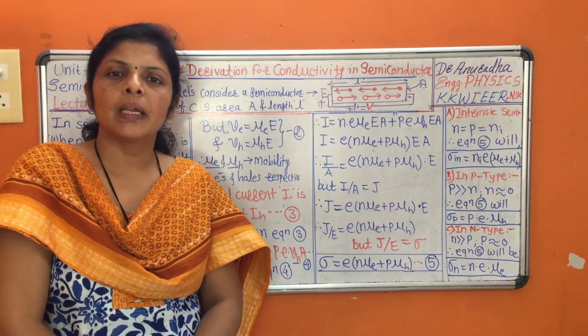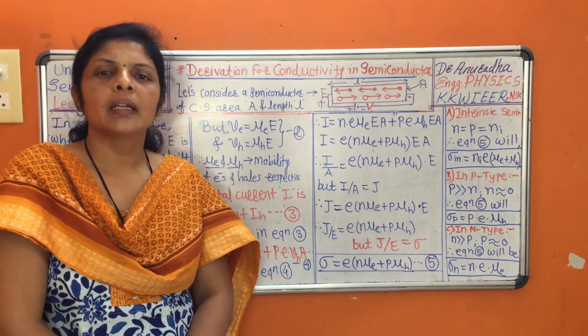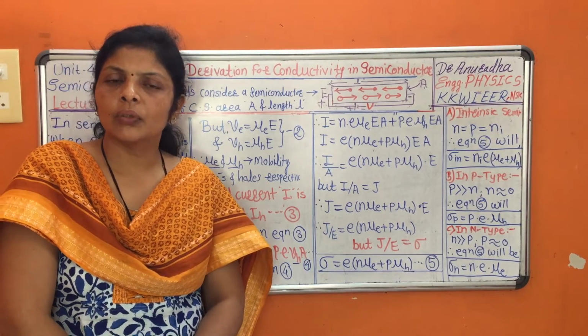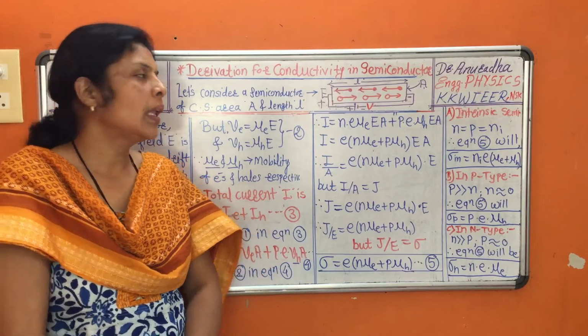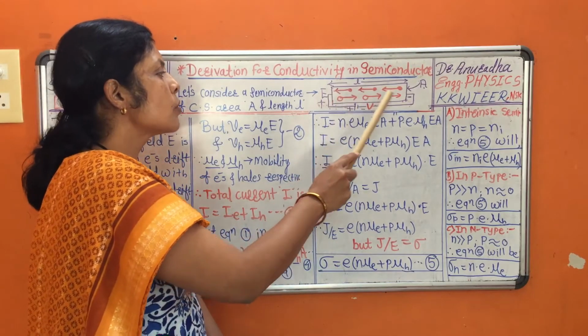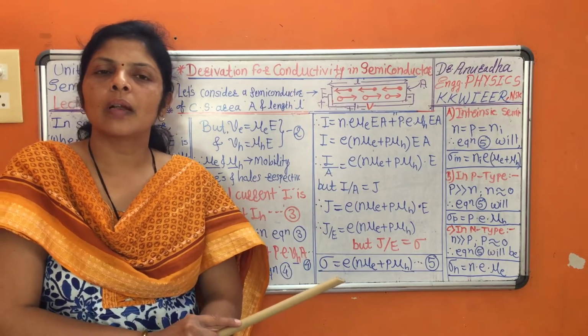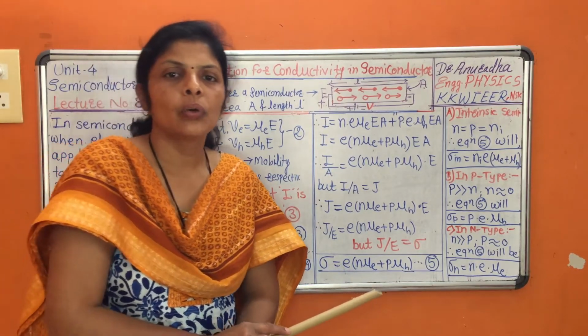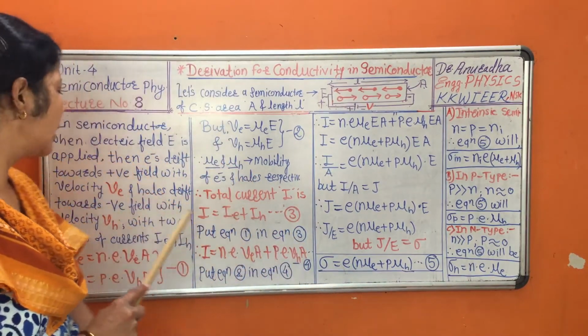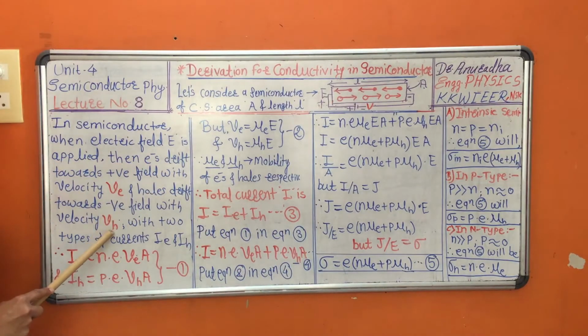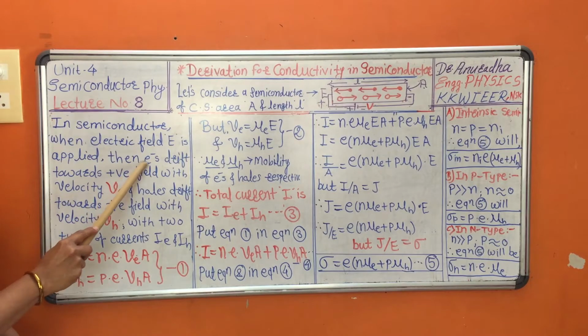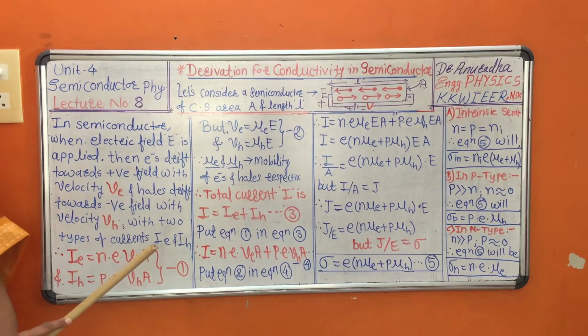Drift motion of electrons towards the positive field is when they achieve velocity VE, while motion of holes towards the negative field causes velocity VH, called the drift velocity of holes. So two new terms are introduced here: VE stands for drift velocity of electrons and VH stands for drift velocity of holes.